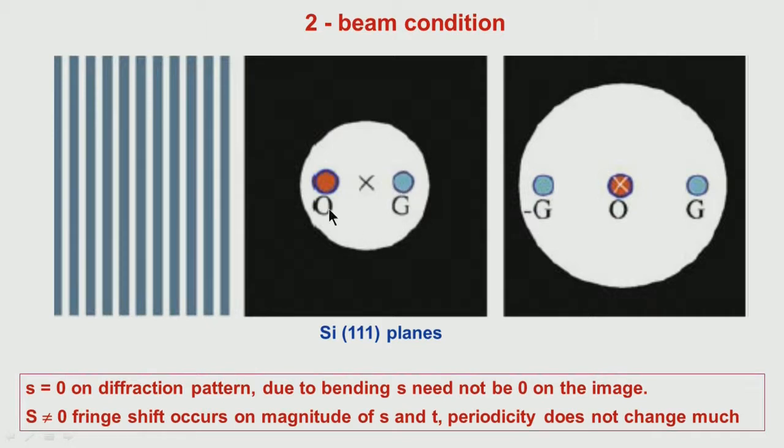If we put an aperture around them, you remember the ray diagram for image formation, in which at the back focal plane we put an aperture so that the images due to both of them are allowed to interfere. When they interfere, this interference gives rise to a fringe contrast, and this is how the fringe contrast turns out to be. If you look at the separation, this separation corresponds to d, the lattice spacing.